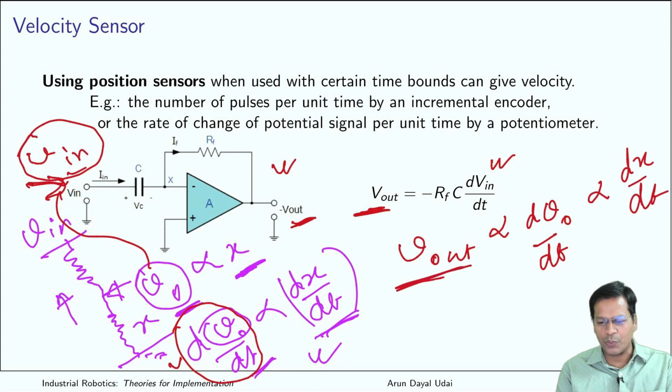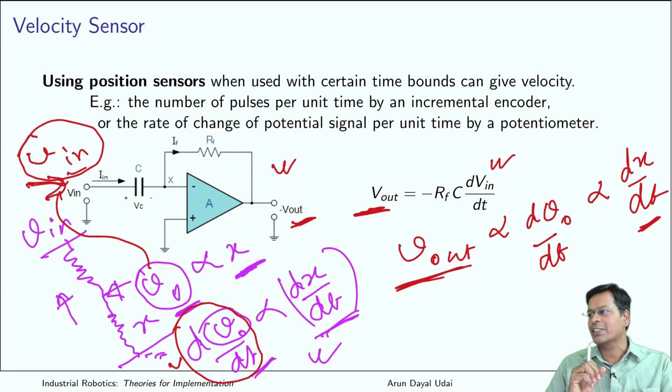So the voltage output after this differentiator circuit is proportional to the velocity. This is just one way of doing it, in an analog way.